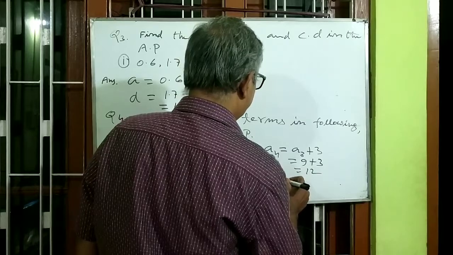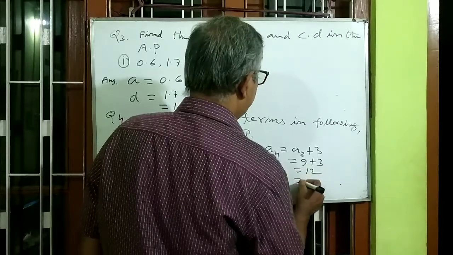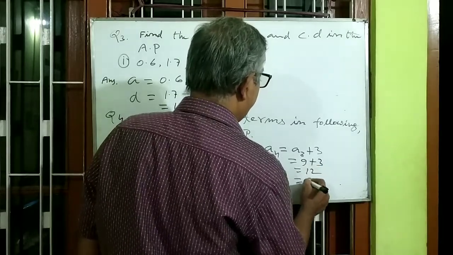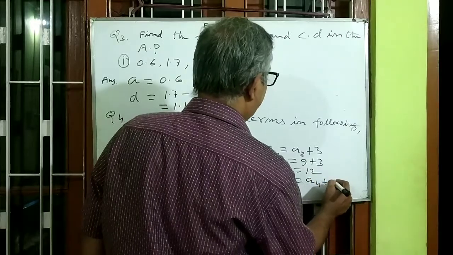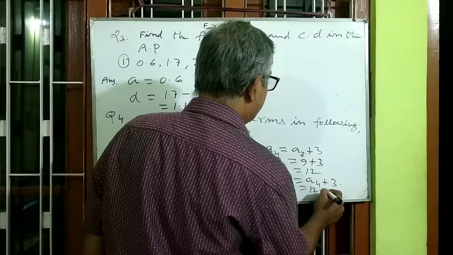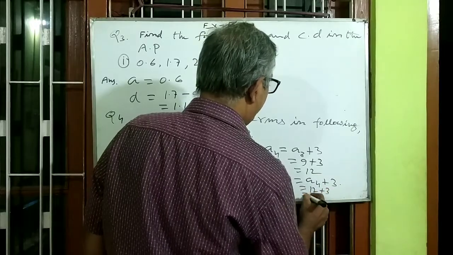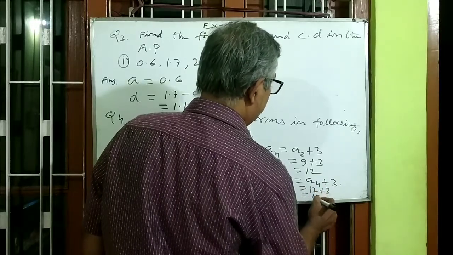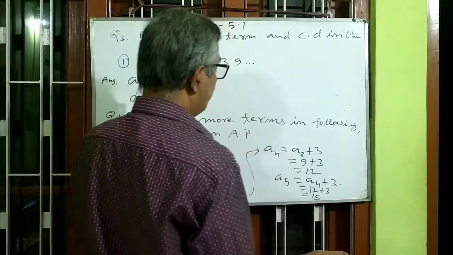A5, the fifth term, is equal to what? A4 plus common difference. A4 is 12 plus 3. So you are getting 15.